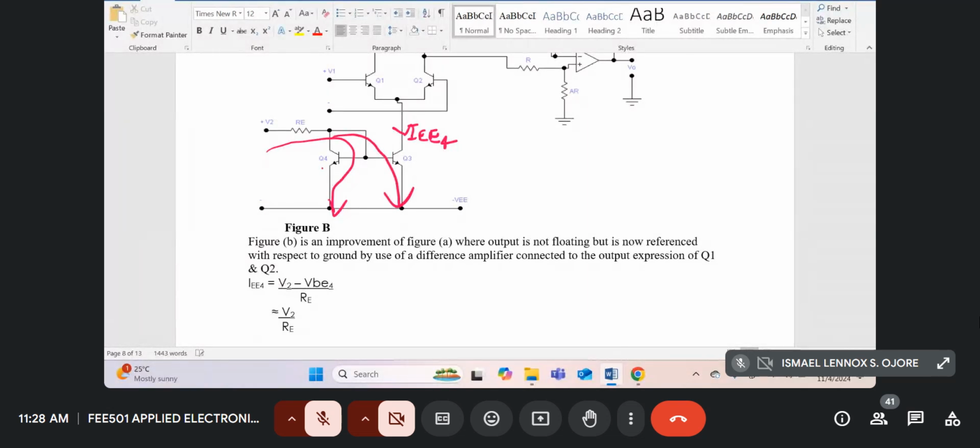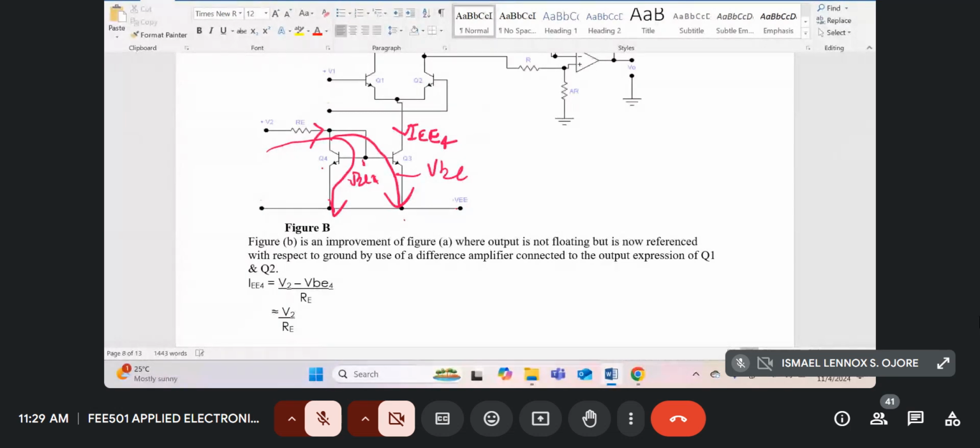So you can use this VB4 or VB3. So if you start from minus VEE, climb up VBE, drop across RE. So let's find out the current through this resistance RE.